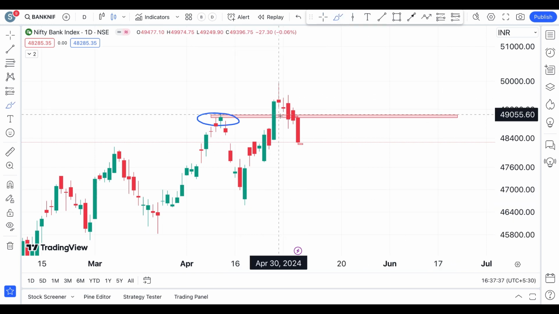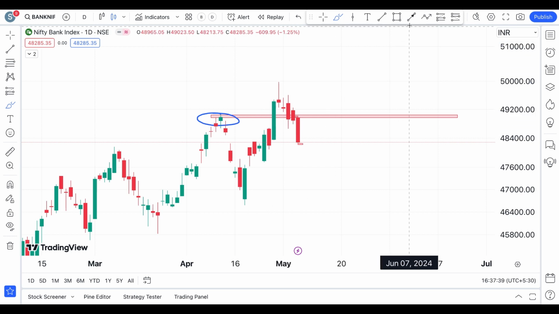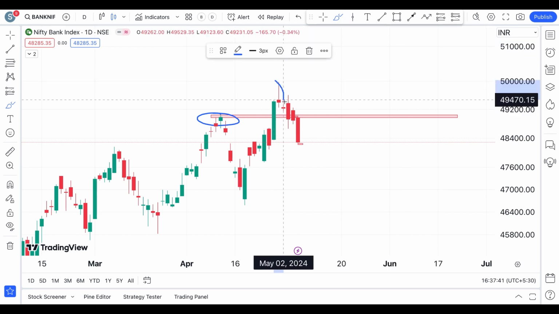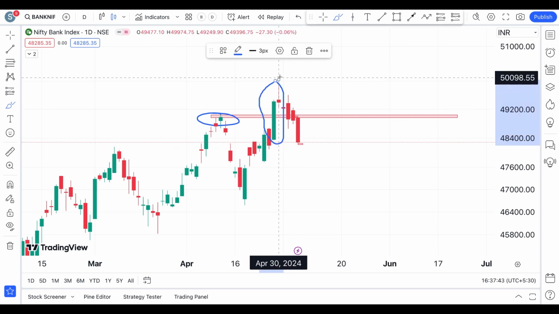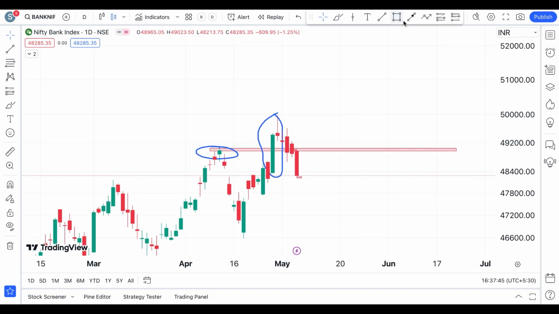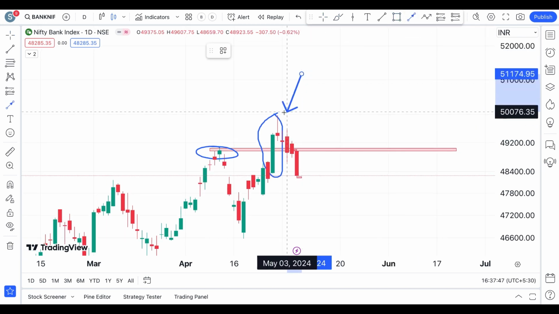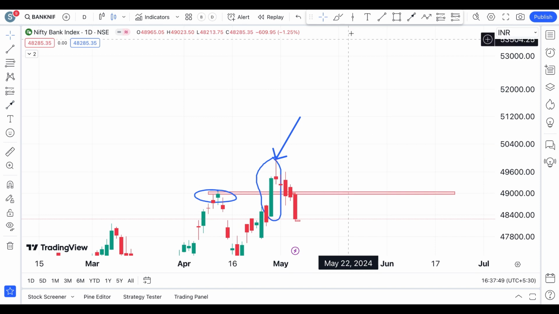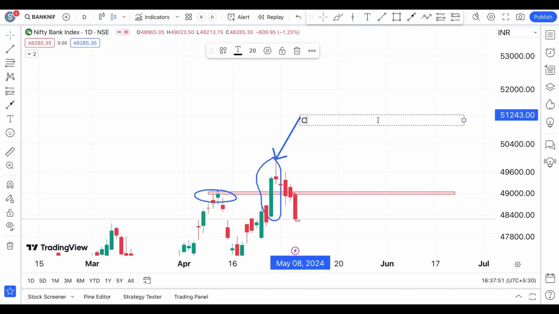Before talking about all these levels, we have also discussed these two candles, which gave us a candlestick formation called a counter attack pattern. We even discussed this pattern on that particular day.